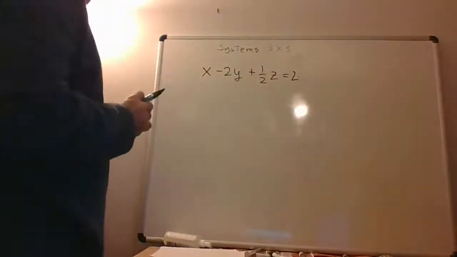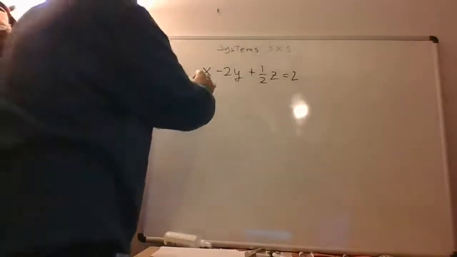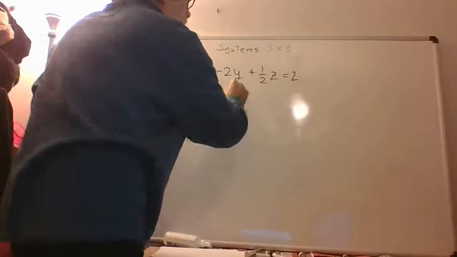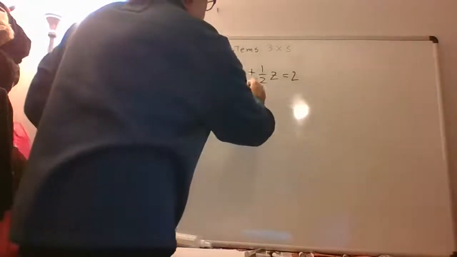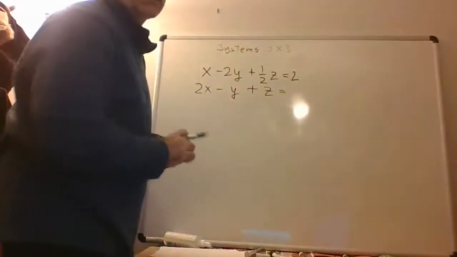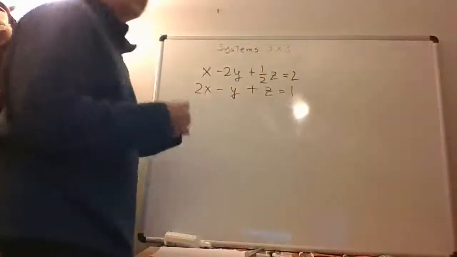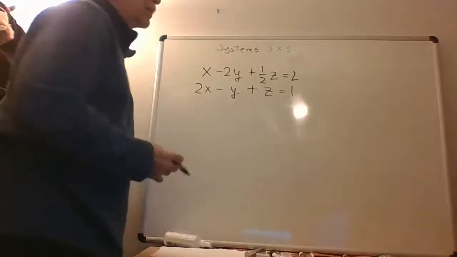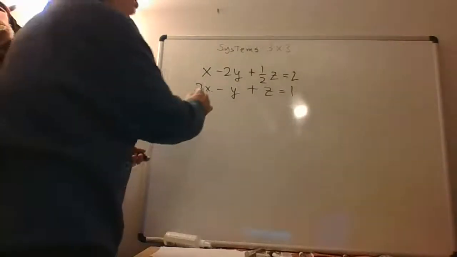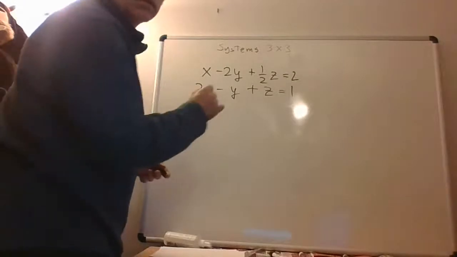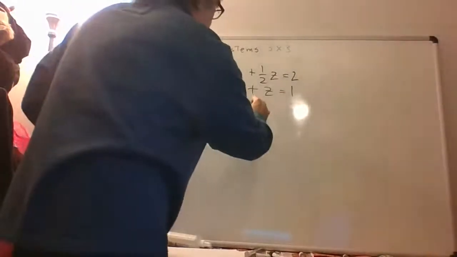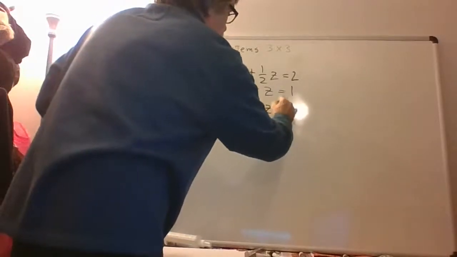This is not a 2. And then the second equation: 2x minus y plus z equals 1. This is what we do in Europe. We write those bars so nobody gets confused. Is it z or is it 2? And the third equation is x plus y plus z is equal to 1.